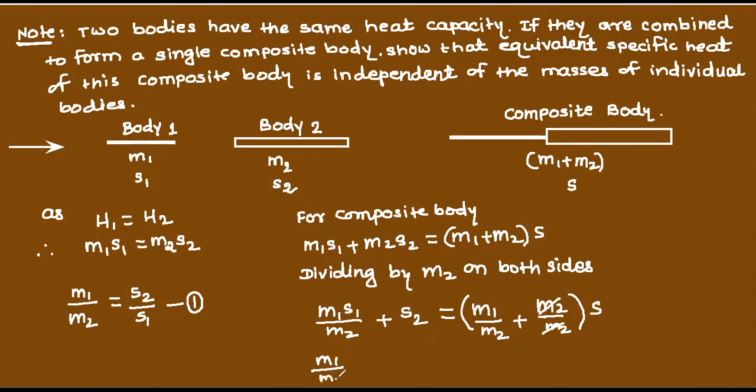I am getting like this, M1 by M2 into S1 plus S2 is equal to, here I am getting M1 by M2 into S and this is plus S again, right? Check it. Check it once.